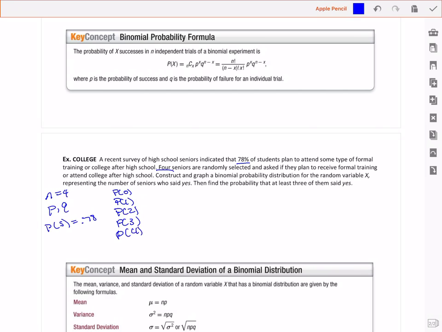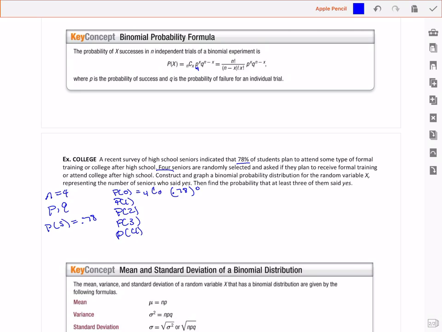So let's say we want to know the probability that none of them have plans after high school. So we would use 0 as the x, and n, of course, is our 4. So 4 C 0, times P, which is 0.78 because that's the probability of success, to the 0.